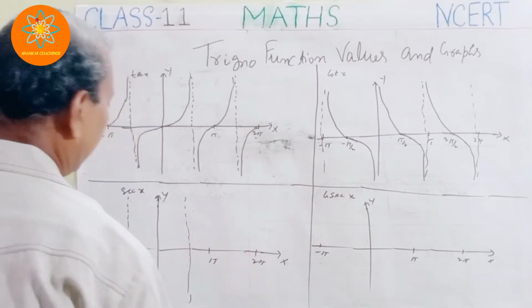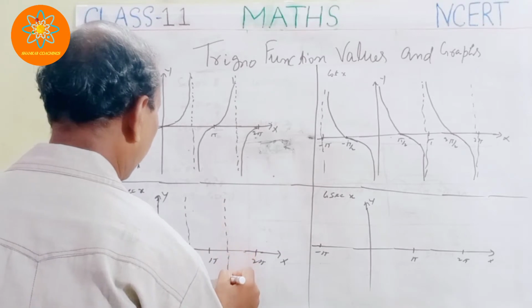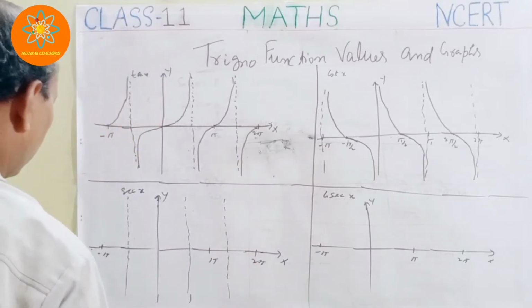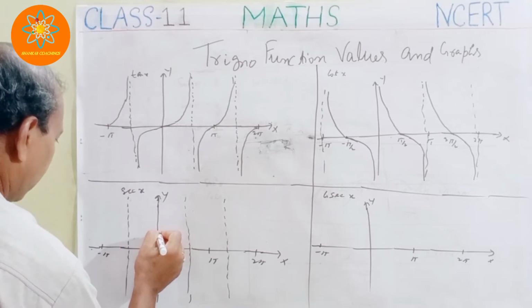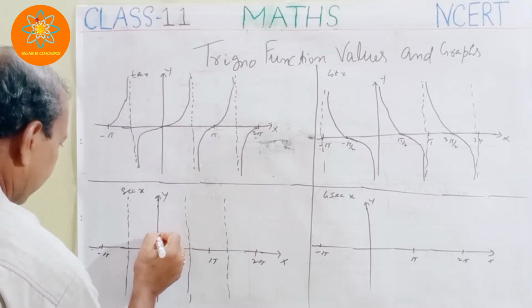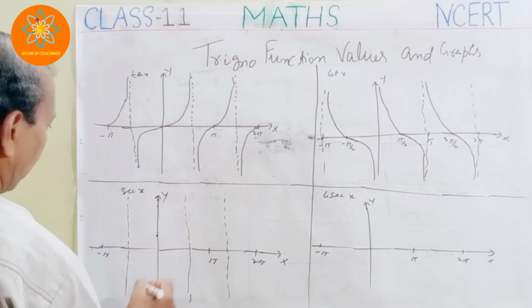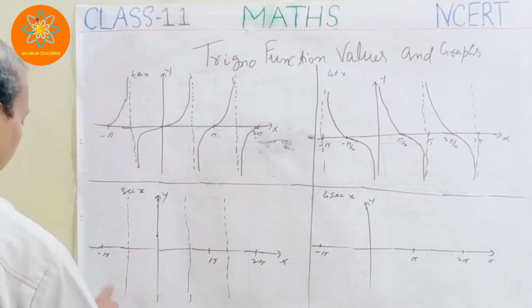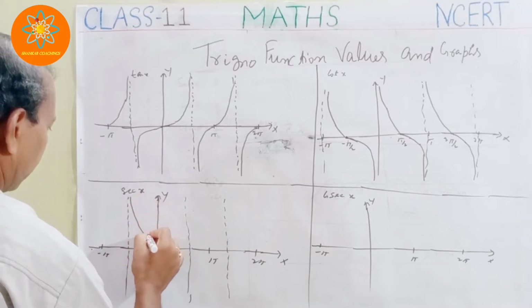And then at 3 pi by 2 it will be not defined. So what is the value? Here the value of sec x is how much? Value is going to be 1. And it is not defined at minus pi by 2 and pi by 2. So this graph will be something like this.